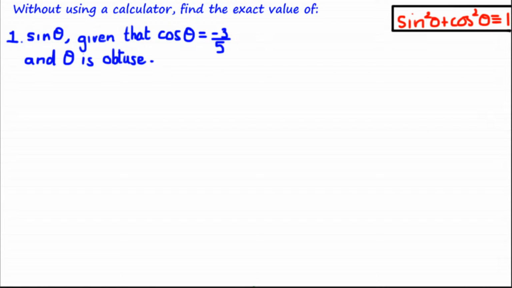I warn you that if you do use a calculator, you might get it right sometimes, but not all the time. And we'll talk about that in probably another tutorial. So it's dangerous to use your calculator, especially when they tell you to find the exact value. That suggests that they're looking for the answer in either surd form or rational form, okay?